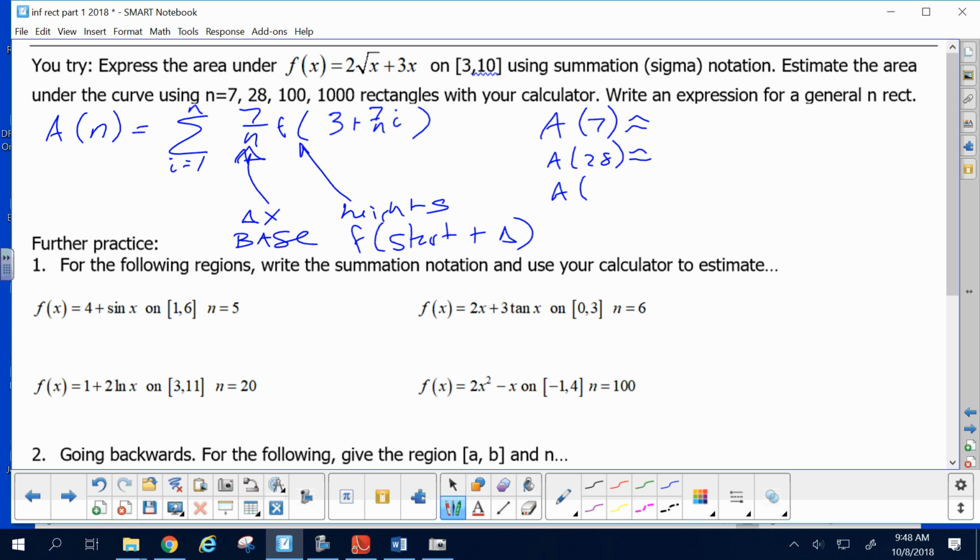Remember, you're going to have to change the function. It's not the same.